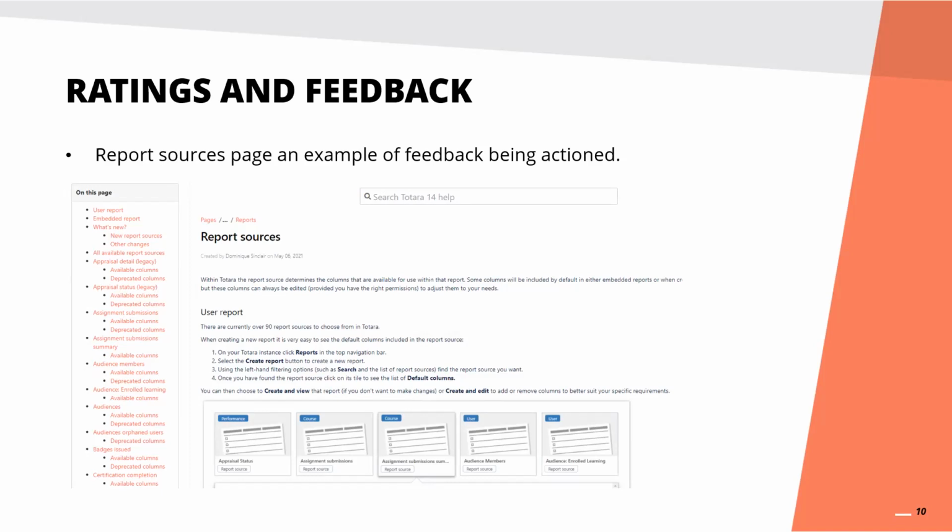Because of changes to the interface in Totara 13, this page wasn't included in Totara 13 documentation, but we then started to receive feedback that the report sources page was actually really useful with its detailing of the available columns within report sources. So based on this feedback, we then re-implemented it and obviously expanded it to include all the new report sources within that.